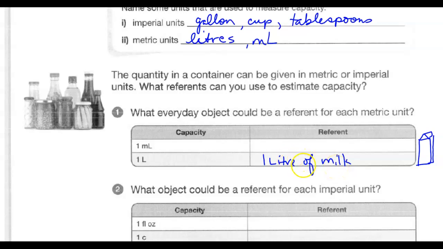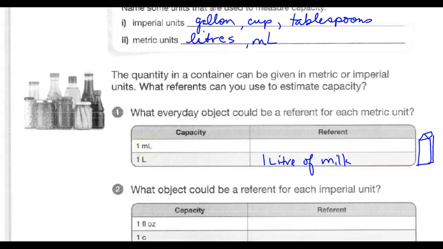In the old days, before Canada converted to metric, or if you go down to the States, they put their liters of milk in quarts. A liter is the same as a quart of milk. It's not exactly the same, but it's close. A liter is a little bit more than a quart.